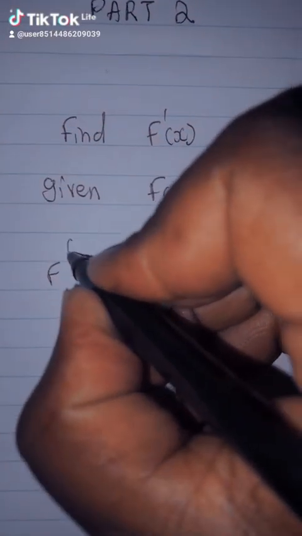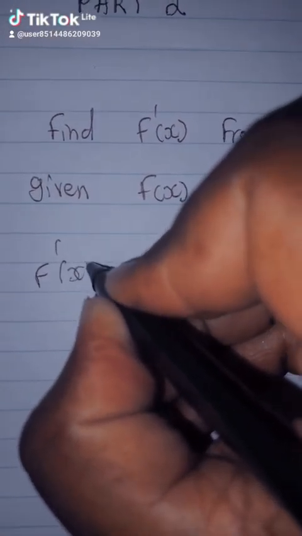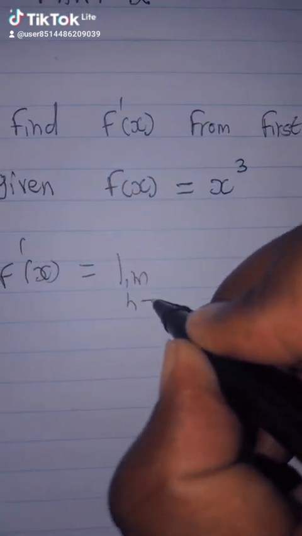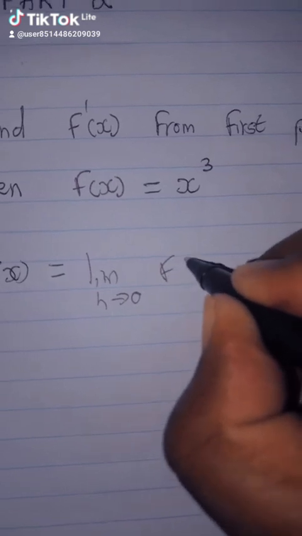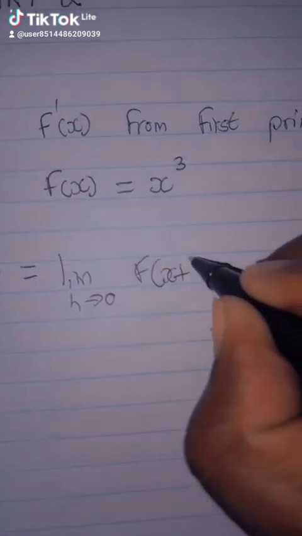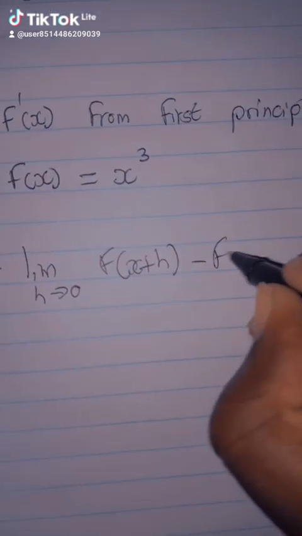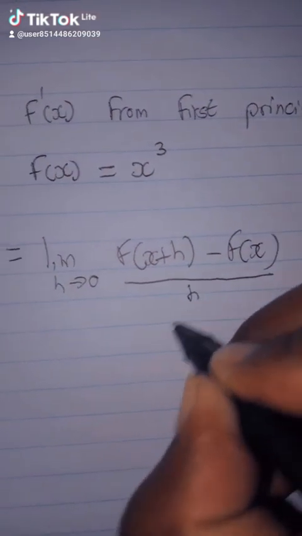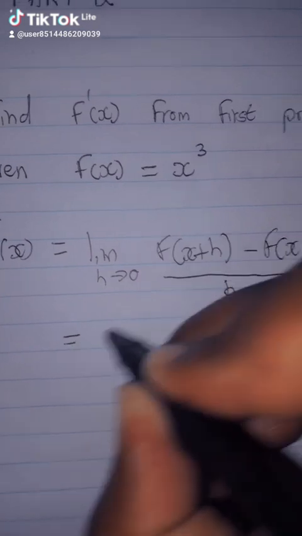You need to follow the steps. The derivative of f of x is equal to the limit as h approaches 0 of f at x plus h minus the given function, divided by h.